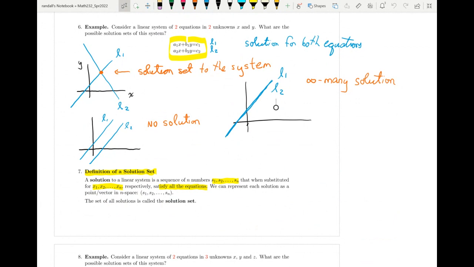There could be many of them, or there could be none. We'll write it in vector form like this, representing one particular solution. The set of all solutions is what we call the solution set, a collection of these n-tuples, points in Rn.